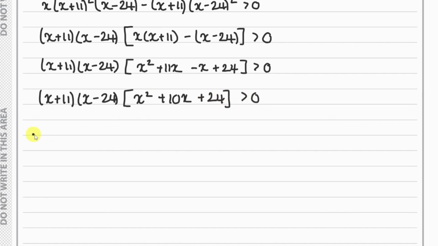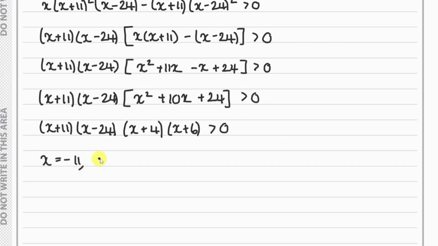Now we can factorise that. That's going to become x plus 4 and x plus 6. We're now going to get our critical values, so x is equal to minus 11, 24, minus 4, minus 6.